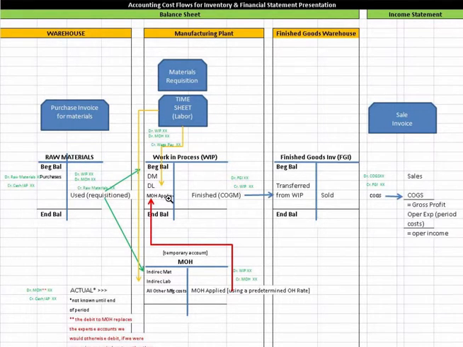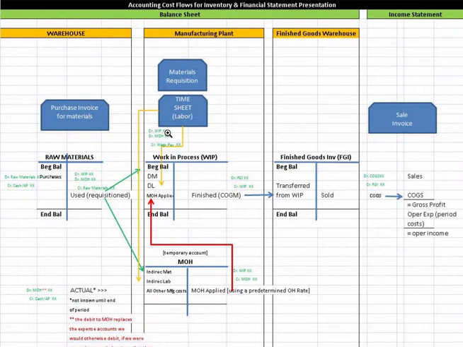Labor, where is it? I don't remember where. I don't see it there. Might be this one here. Yeah, this one. MOH is what you debit for labor, and you pay cash for wages, obviously. And here's labor.